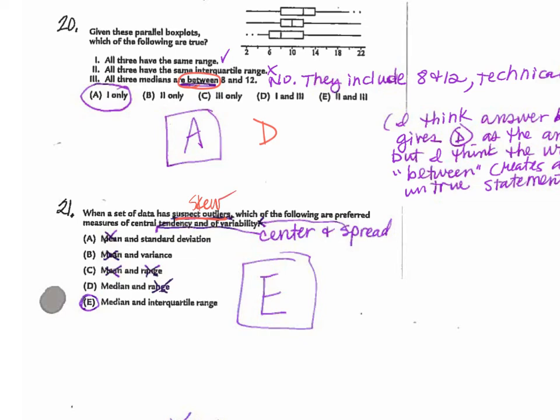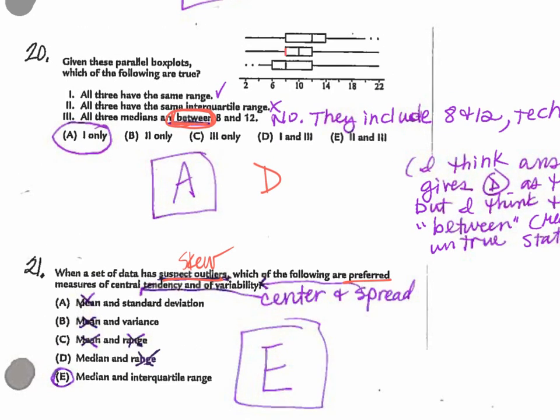Then if you have skew, which measure of center and spread do you prefer? Median and IQR. Ooh, okay. What did you say about 20? I'm sorry, because I put D. If you take literally this between, then the answer is A. But because this one here includes 8 and 12, or something like that, yeah. Oh, okay.